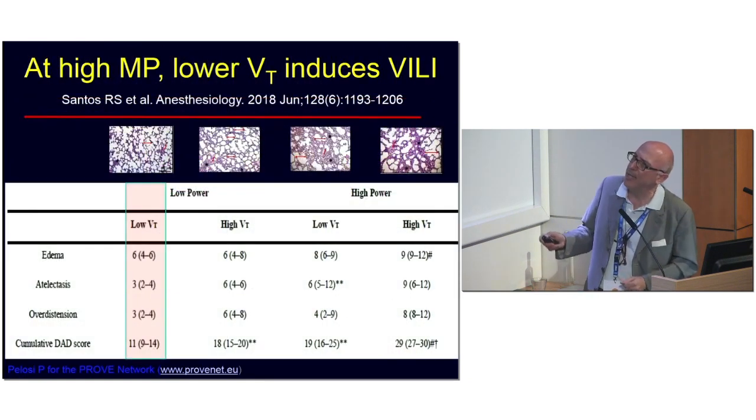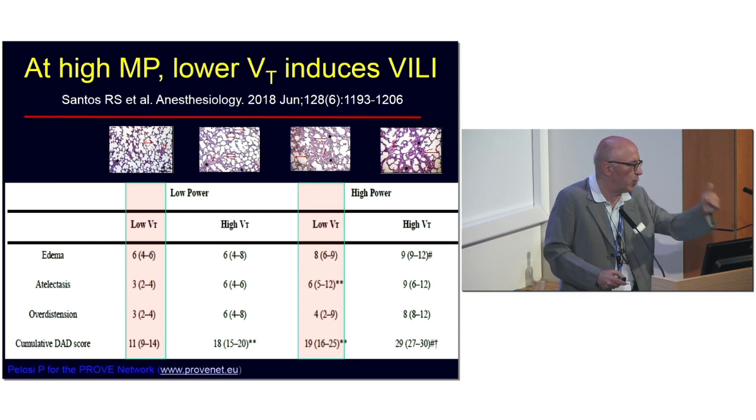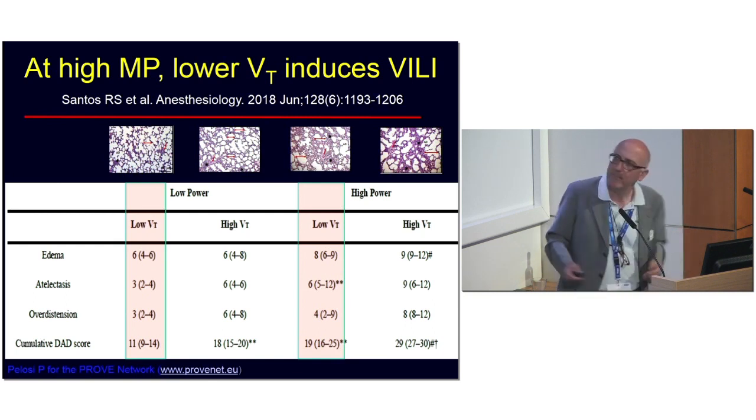And we did another study with lower power or higher power, with low tidal volume or high tidal volume. You see here, if you deliver the low tidal volume but you increase the respiratory rate, you have more damage. So you have to minimize the respiratory rate in order to achieve, for example, a pH higher than 7.25, if you can.